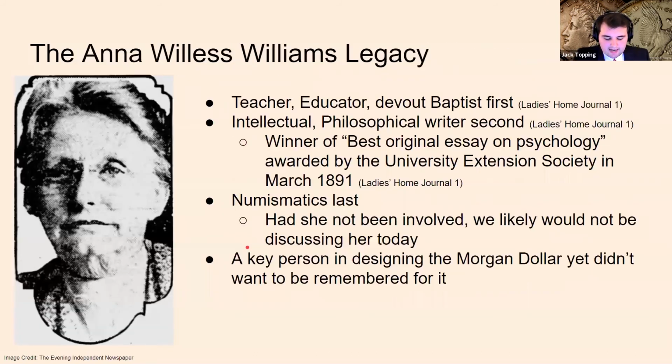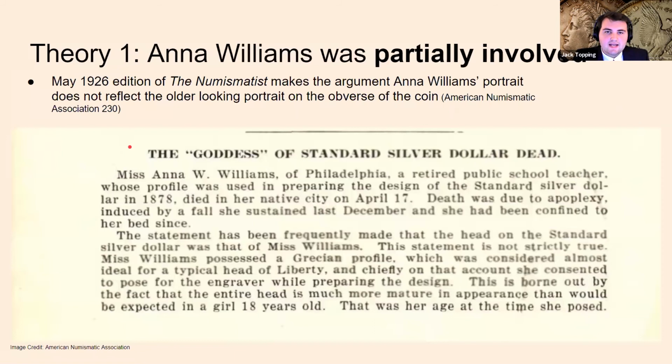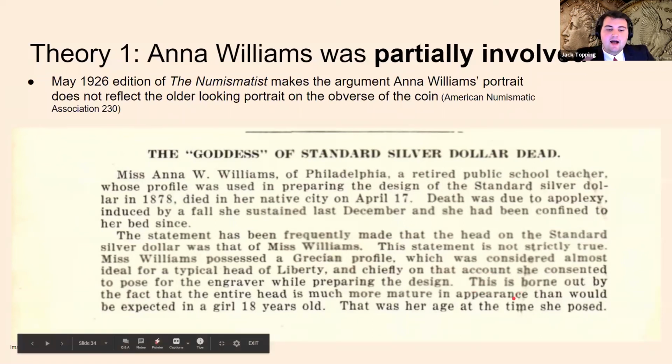So, like I said, I want to talk about the theories very quickly that it wasn't Anna Williams. Very briefly, we learned from May 1926 in the Numismatist that they claim, quote, this is borne out by the fact that the entire head is much more mature in appearance than would be expected in a girl 18 years old, end quote.